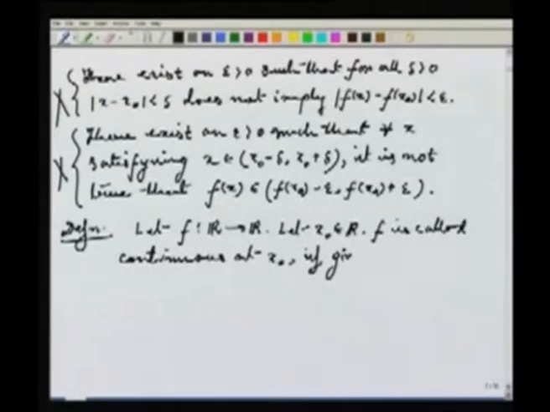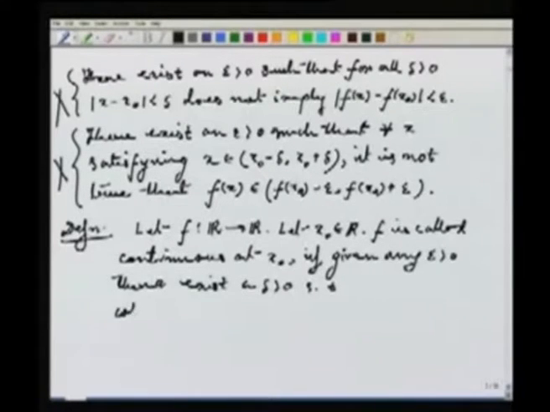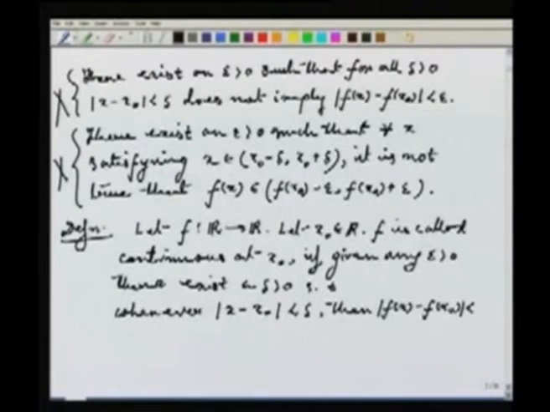given any epsilon bigger than 0, there exists a delta bigger than 0 such that whenever modulus of x minus x0 is less than delta, then modulus of f(x) minus f(x0) is less than epsilon.